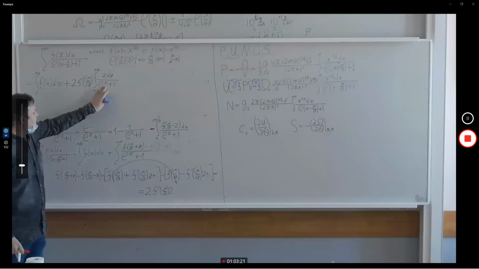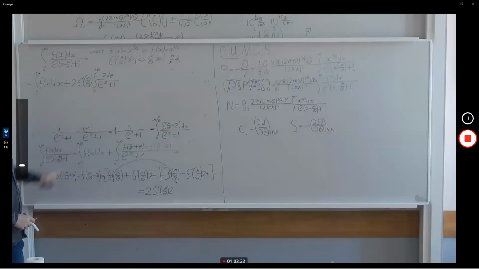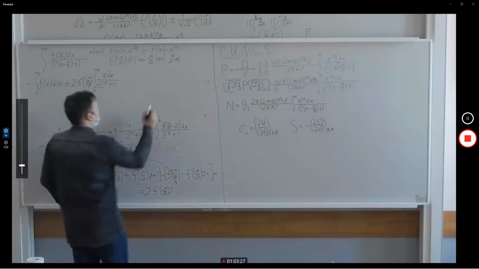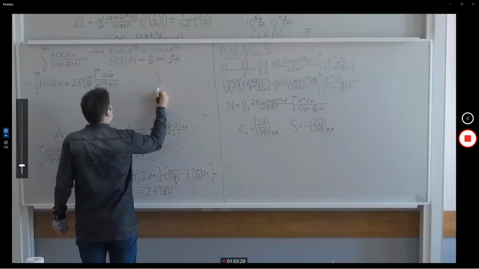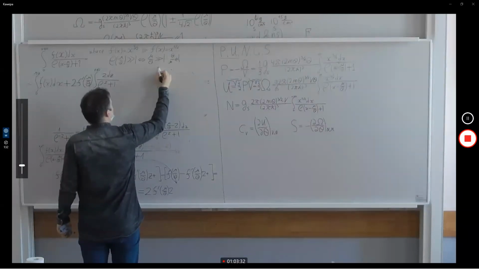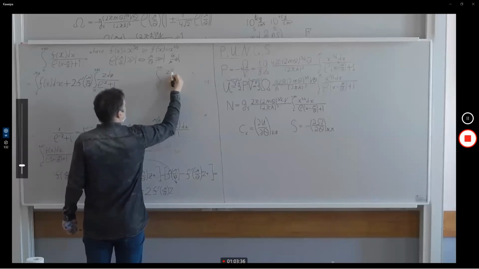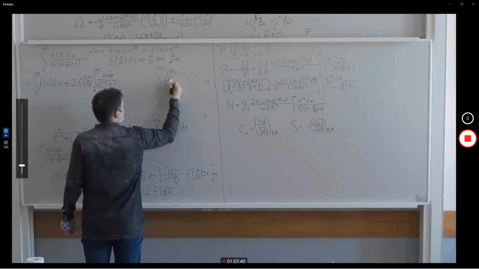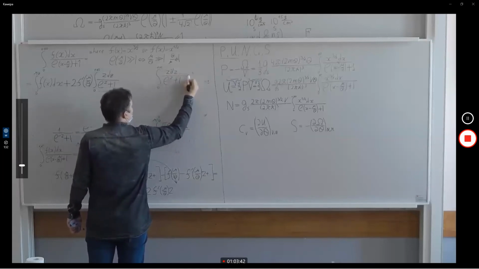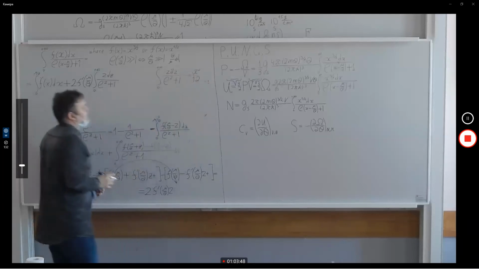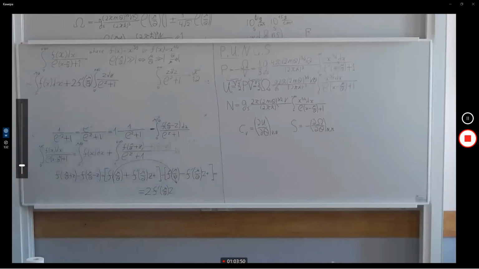This integral has a tabular value. I don't have time to demonstrate the computation of this integral. If you ask me later, I will make such a demonstration. It equals pi squared over 12.